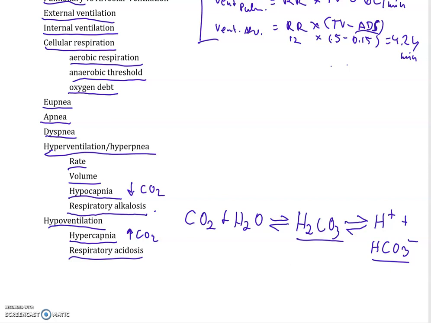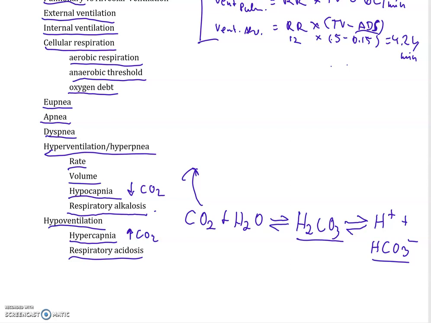That means if we are getting rid of a lot of CO2 because we're hyperventilating, CO2 out, that means we're pushing the equation in the direction toward making more carbonic acid, and that falls apart into water and CO2, and we're constantly getting rid of the CO2.